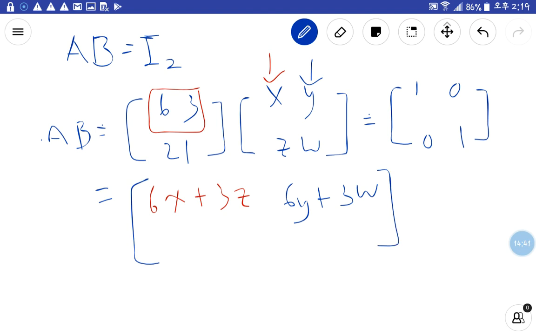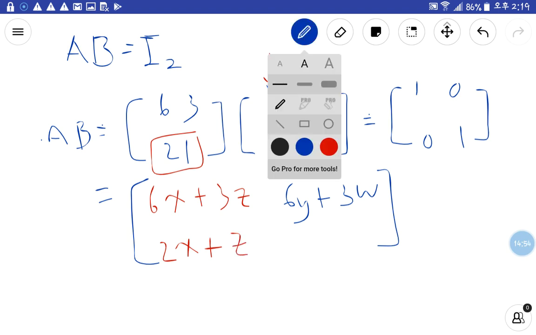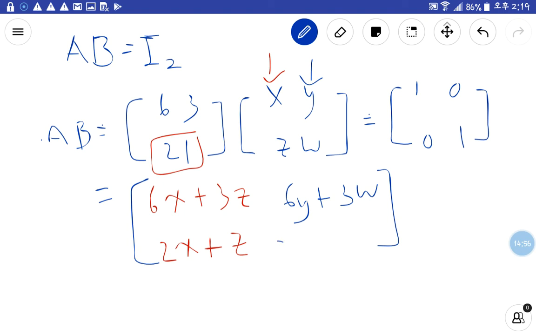My first one here, 2 times x, 2x plus 1 times z would be z. And then I have 2 times y plus 1 times w. That should be the same as 1, 0, 0, 1.